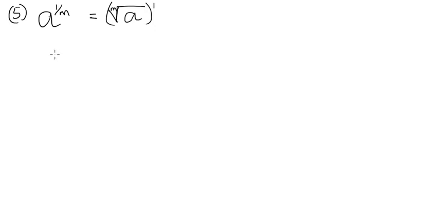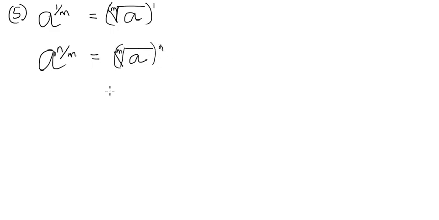That can give birth to another, which is a raised to the power of n divided by m. Still the same approach. Since it's a fractional power, I have my root, I put the base there. The denominator determines the nth root, and the numerator determines the final power, so all this raised to power n.